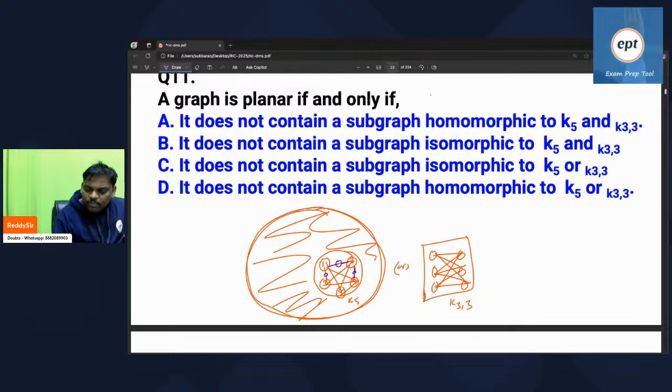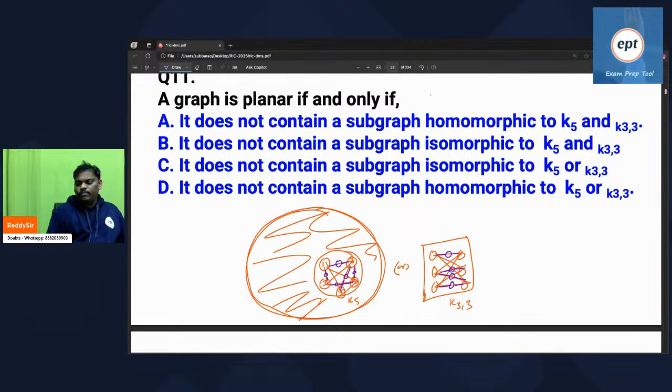Subdivisions can be there, but the appearance will look like a K5. That is the meaning of homomorphic. Homomorphic to K5 means K5 kind of behavior, but maybe more vertices and more edges. Similarly for K33: the architecture is like K33, but subdivisions are allowed.